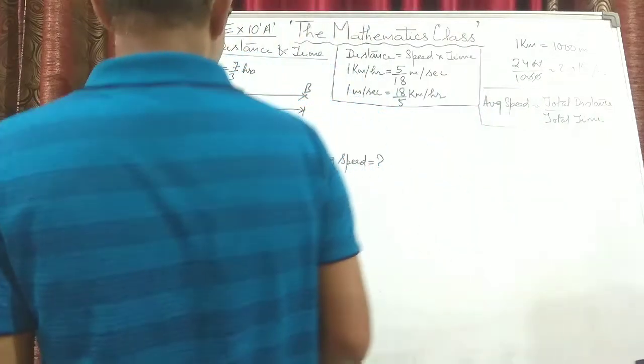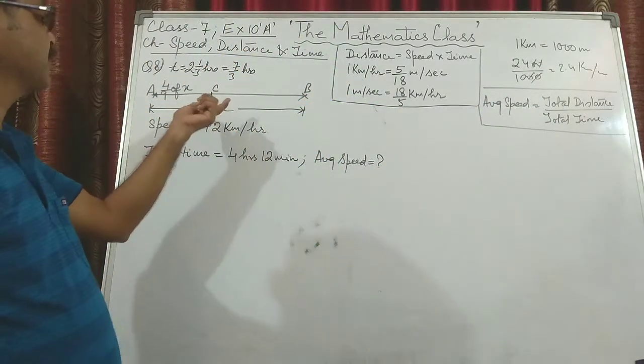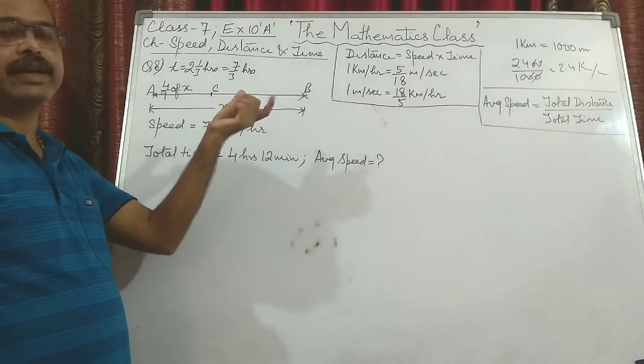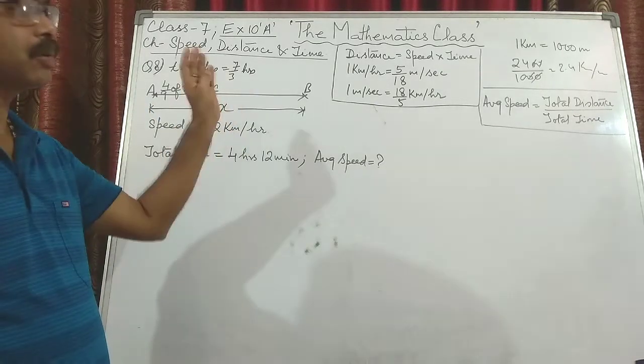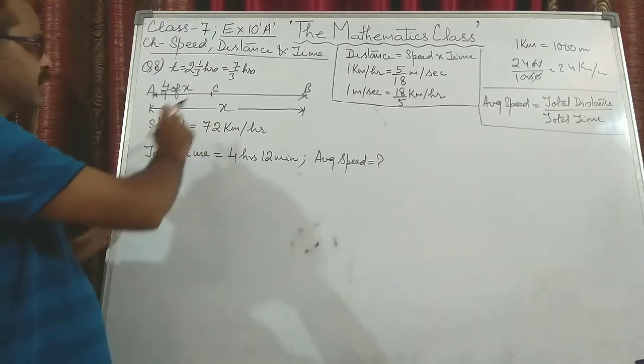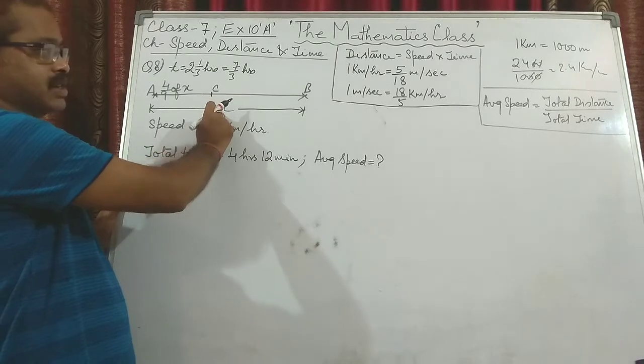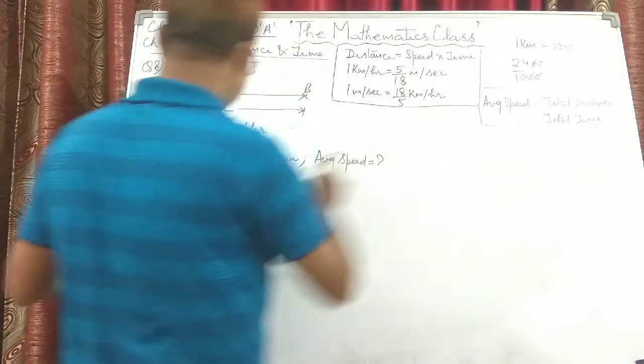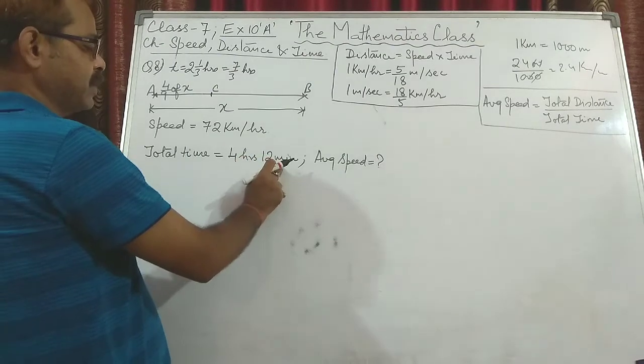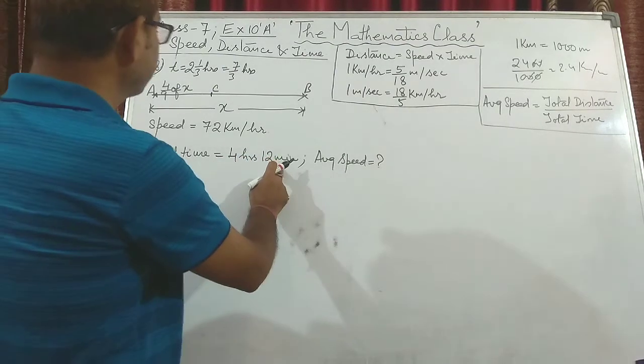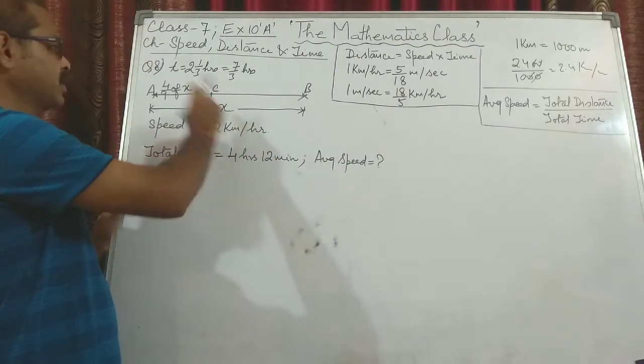Now total distance we don't know. It is given that we have already taken it as X. Total distance is not mentioned. So first we will calculate the total distance, and total time is already given. She took 4 hours 12 minutes. So we will come to this later on. First we will calculate the total distance.